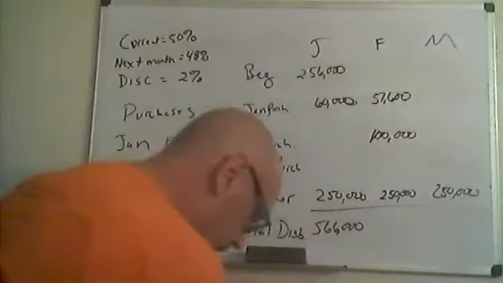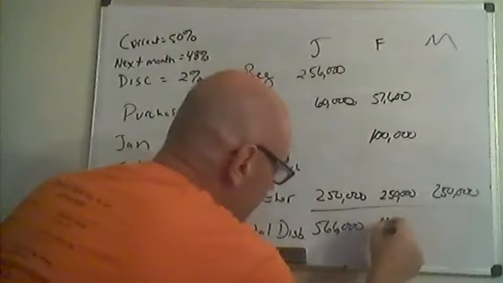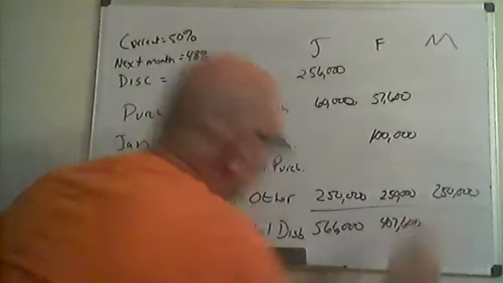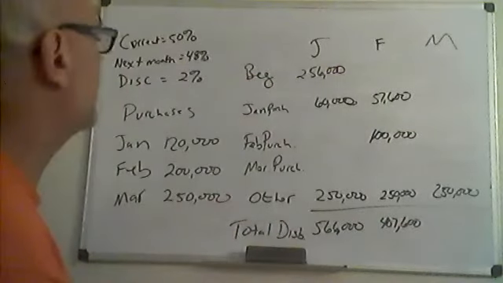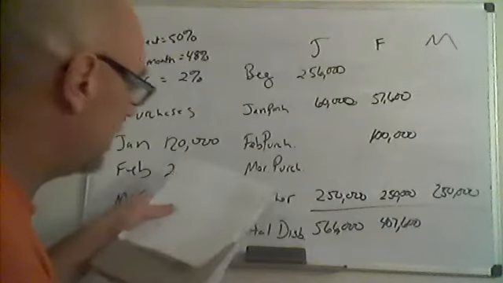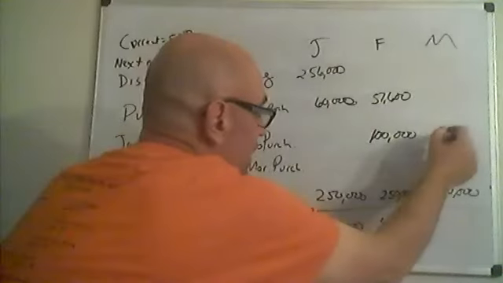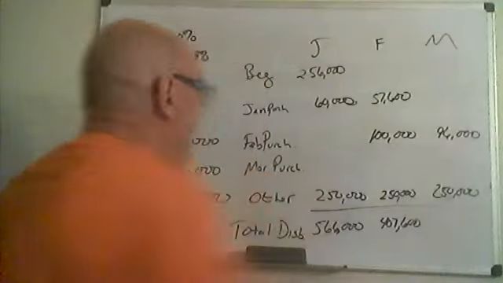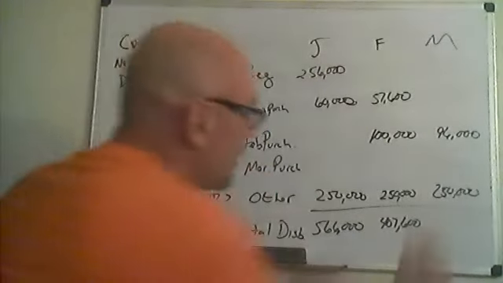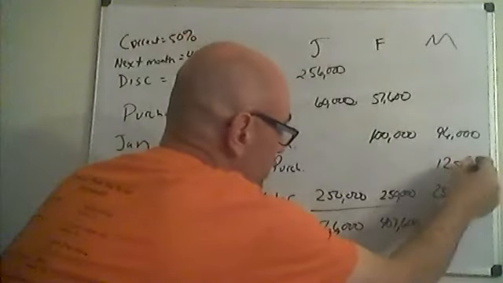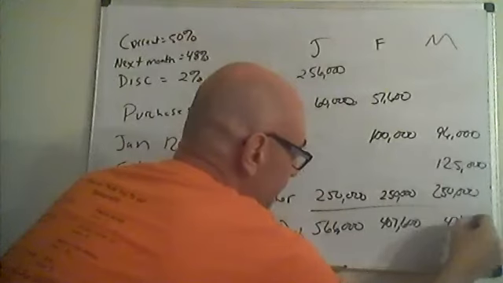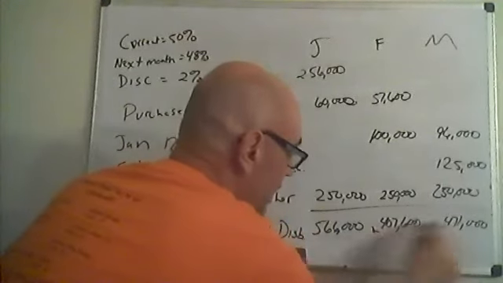Add all those together, we get disbursements of 407,600. And then we look at our purchases again. We pay 48% of February's purchases in March, which would equal 96,000, and half of the March purchases get paid, which would be 125,000. When we add those together, you get 471,000 in disbursements for March.